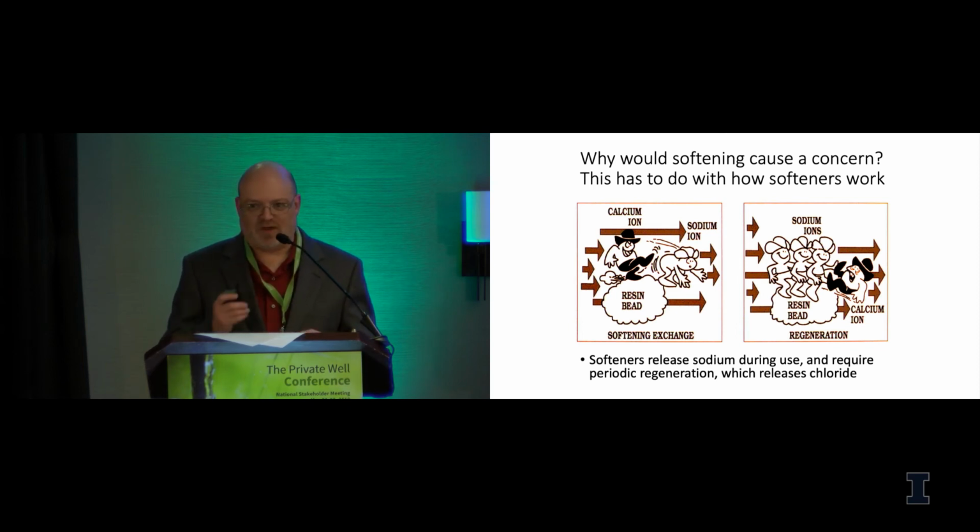So the bottom line here is that while the softener is working, while it's removing hardness, you have this discharge of sodium. And when it's regenerating, there's two things happening. First, you have this water usage because you're regenerating. And second, you also are discharging chloride, because part of the salt is sodium, part of the salt is chloride. So there's a chloride discharge.